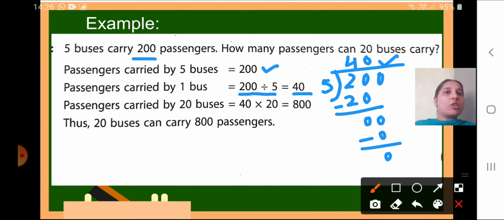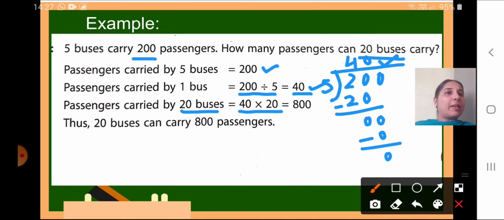Okay. So now we will find. You can see in the question it has been asked, how many passengers can 20 buses carry? Now for more buses we have to find. For one we have found by dividing, and now we have to find for more. So for 20 buses, we will multiply.